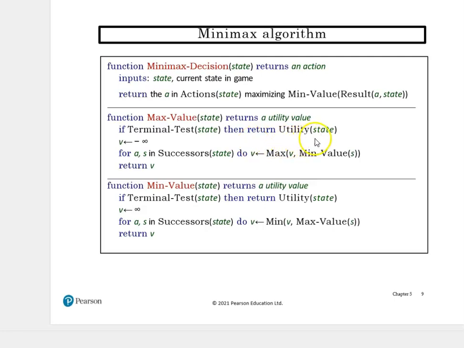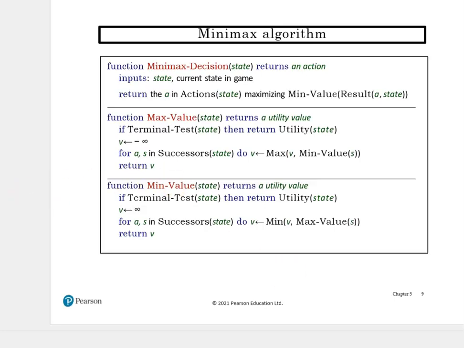If it's a terminal state, it's going to return the utility. But if it's not a terminal state, it's going to keep tracing all the way until it reaches a terminal state. And the min value is the opposite. Again, if it's a terminal state, it's going to return the utility. Otherwise, it's going to keep looping until it reaches a terminal state.